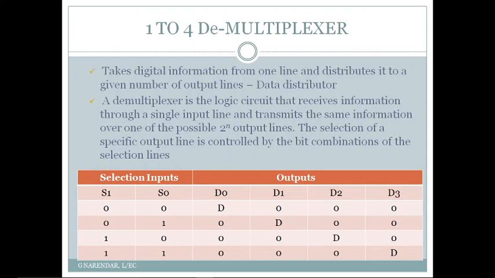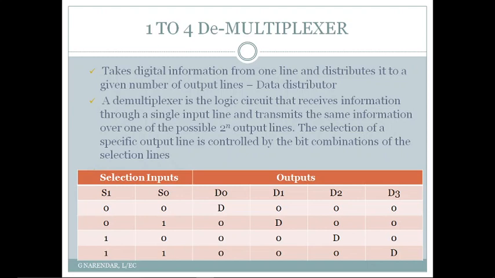So this function is exactly the opposite of the function performed by a multiplexer, where you can see that a multiplexer takes the digital information from a number of lines and transmits that information to a single output line. So here the function of the demultiplexer is the opposite.